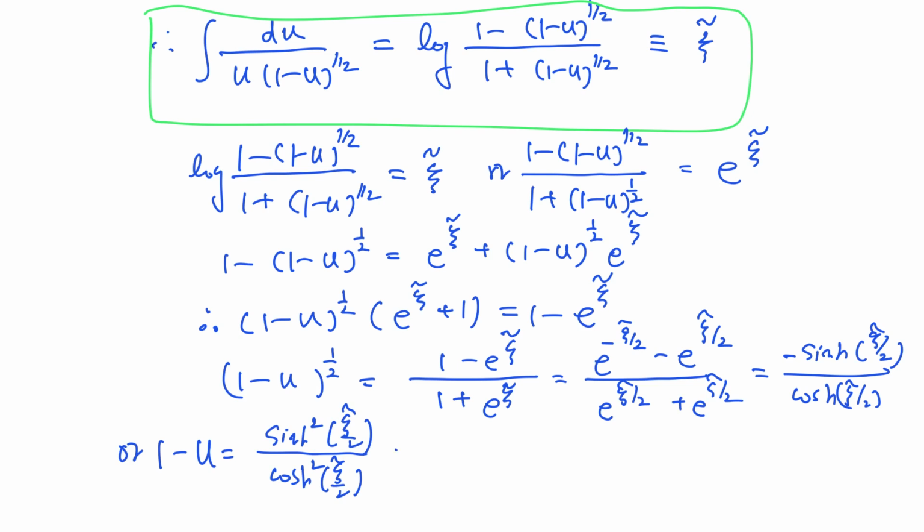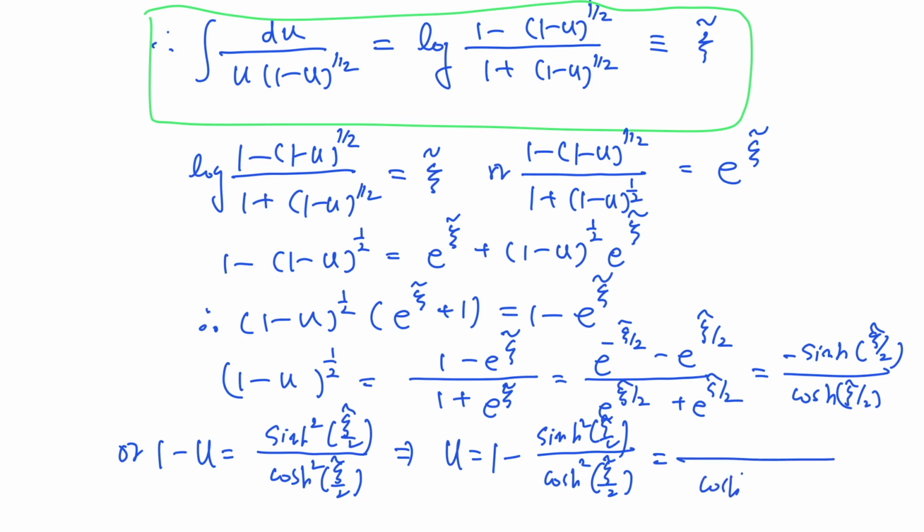From this, u is 1 minus cosine hyperbolic tilde over 2 sine hyperbolic tilde over 2, which is cosine hyperbolic tilde over 2 times cosine hyperbolic square over 2 minus sine hyperbolic square tilde over 2.